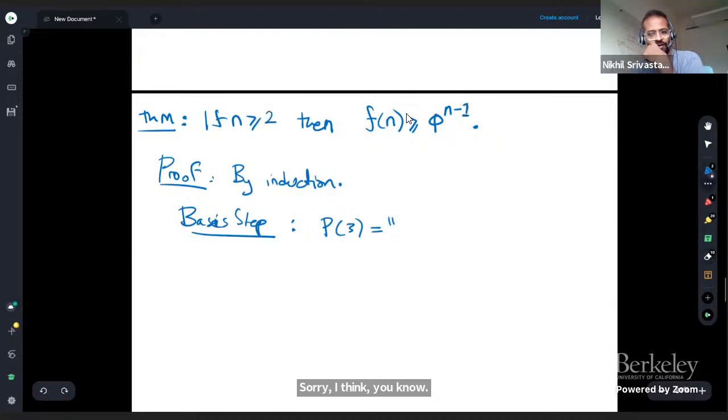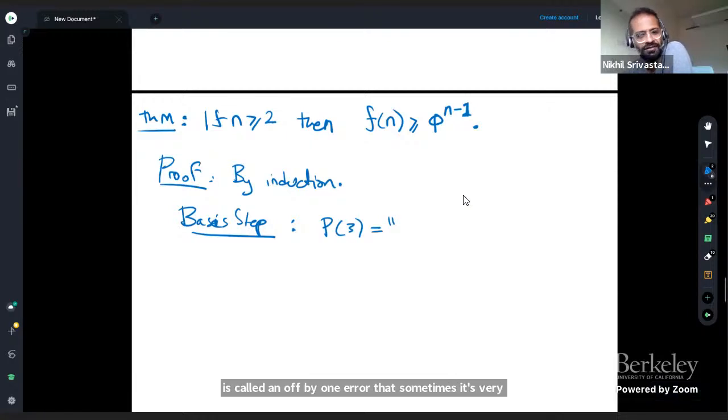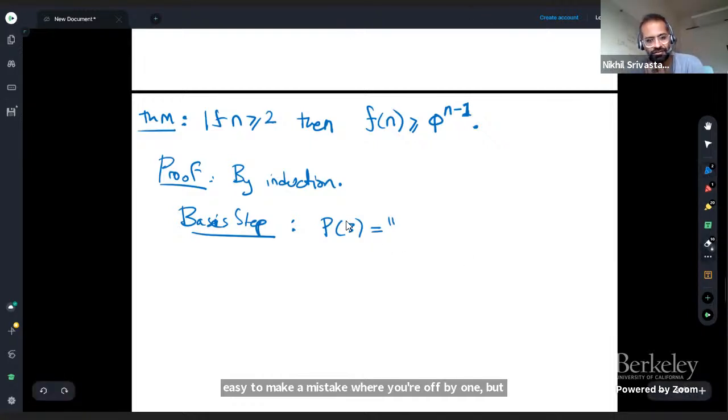So this is one annoying thing about proofs by induction. Sometimes there's some confusion about it's called an off by 1 error, that sometimes it's very easy to make a mistake where you're off by 1. But let's see if this works. If it doesn't, we'll change it.